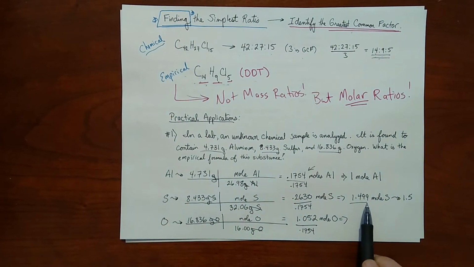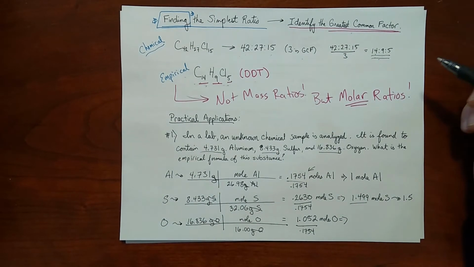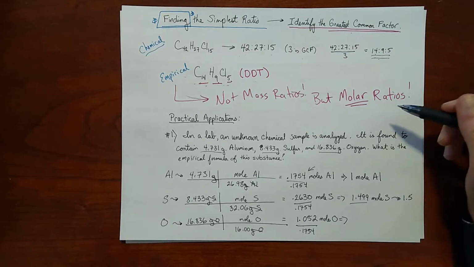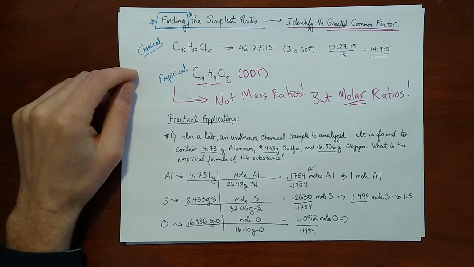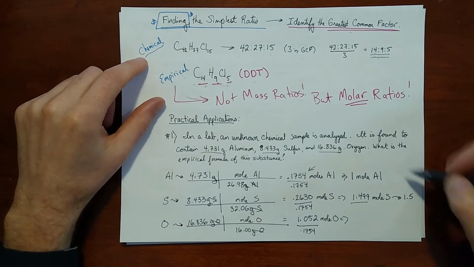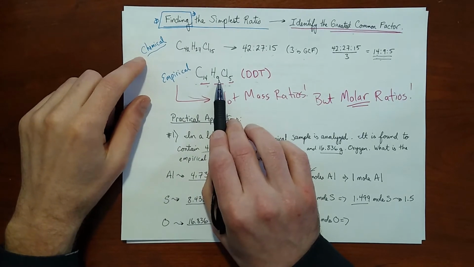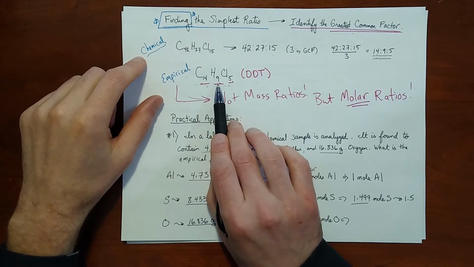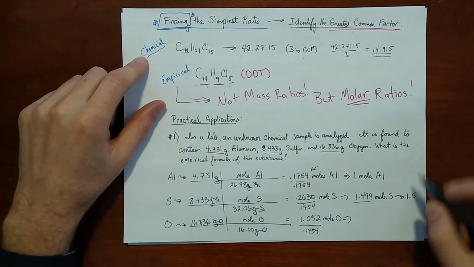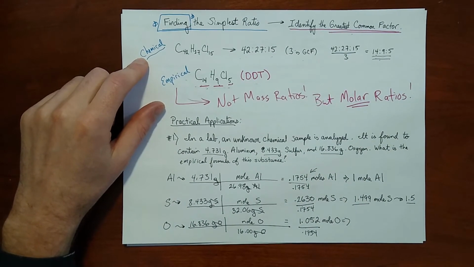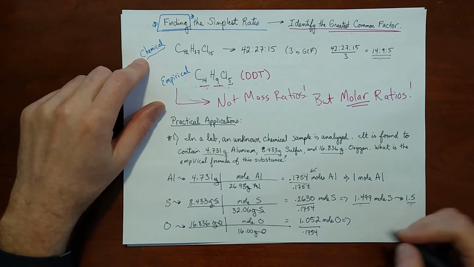Again, the error is only because of imprecision in our measurement or some slight lack of accuracy. But we know that in real compounds, we're not going to have fractional parts of some molecule. You're not going to have half of a hydrogen or 0.43 hydrogens. So you have to have a whole number. So 1.5 is still not a whole number, but it's reasonable to round to that.